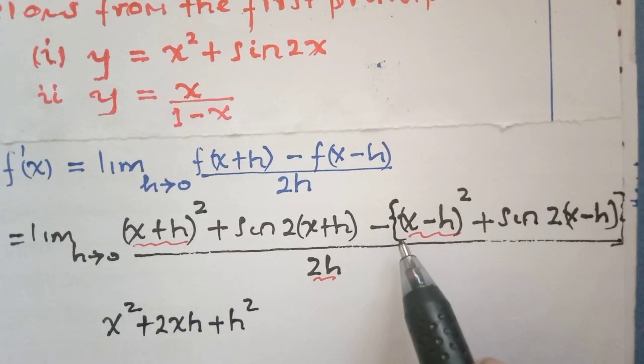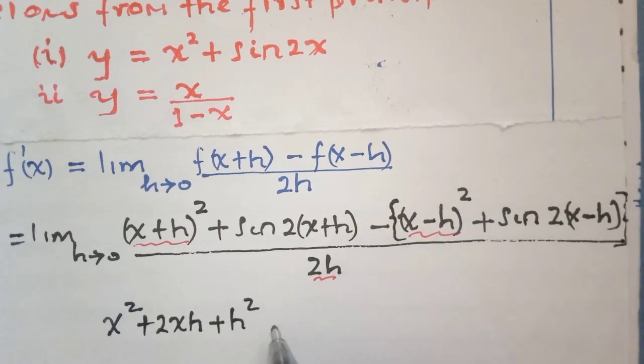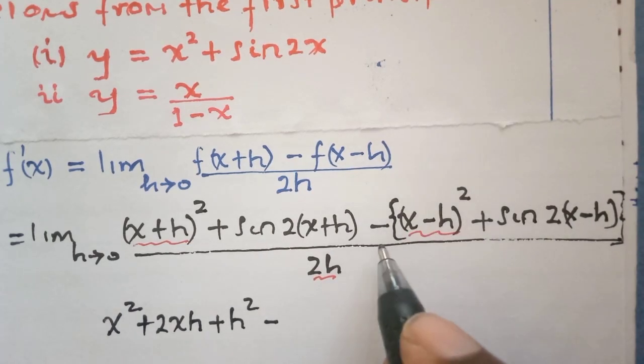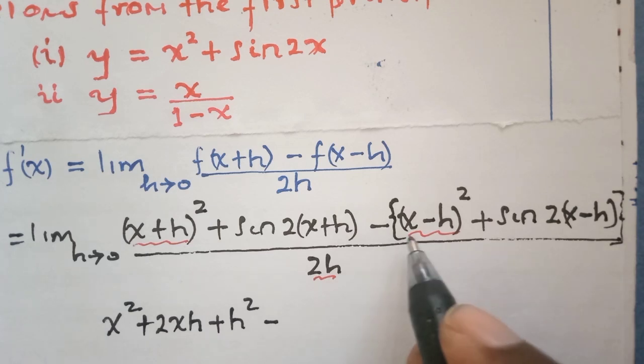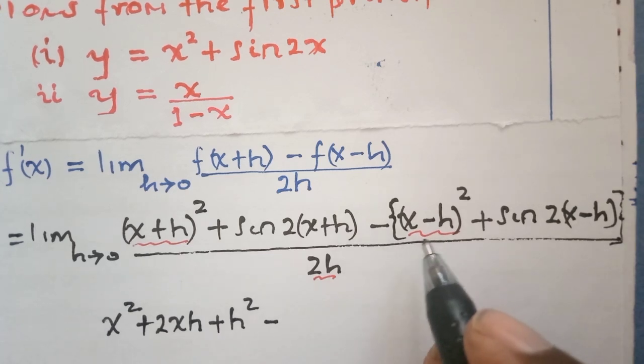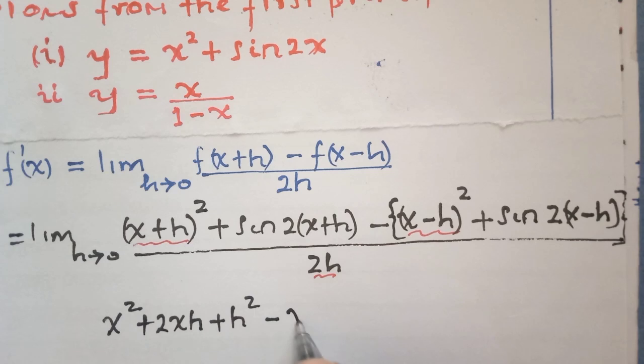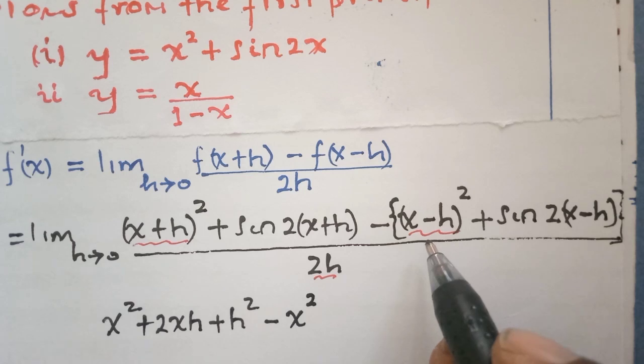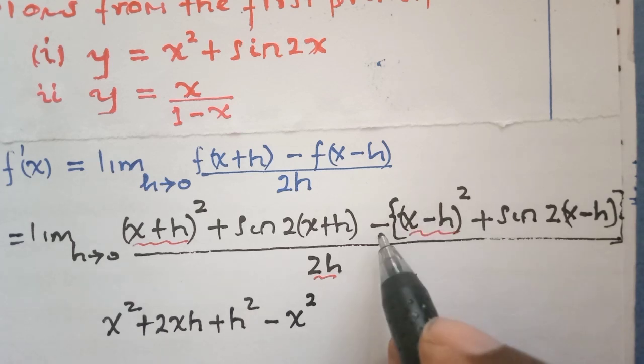Then I come to this. This will now be minus. So whatever I'll get here, I'll have to change the sign to be negative. So for this one, you shall have x squared there. Then you shall have minus 2xh. Now it will be changed because of this.